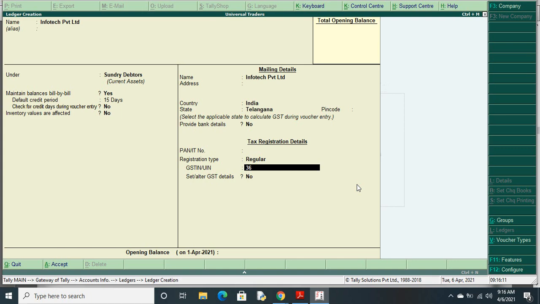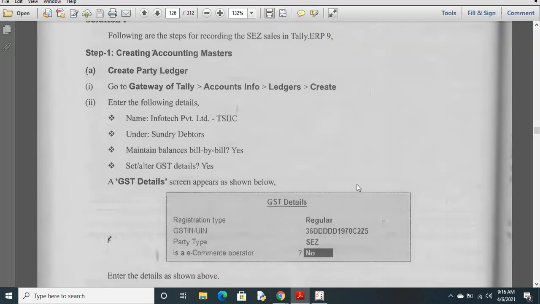Yes, 36 is Telangana, 37 Andhra Pradesh.